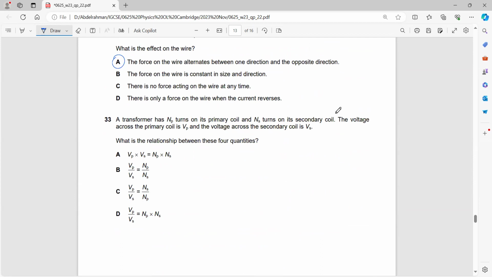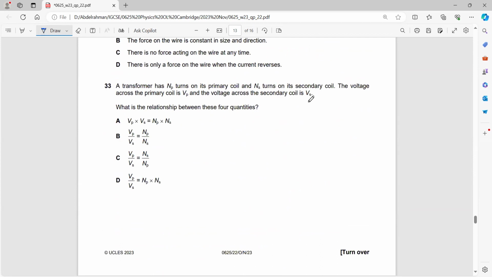Again, a very, very simple question. What's the relationship between these four quantities? I know you know them. VP is equal to NP and IP equals NS? Which answer do you choose? You have to choose an answer.